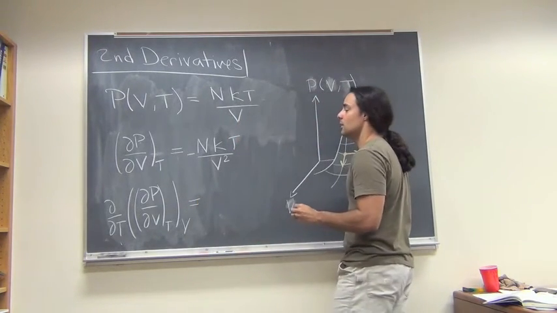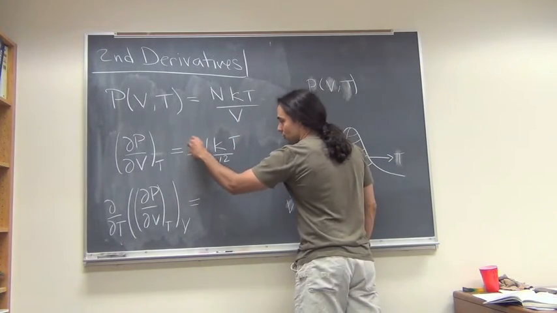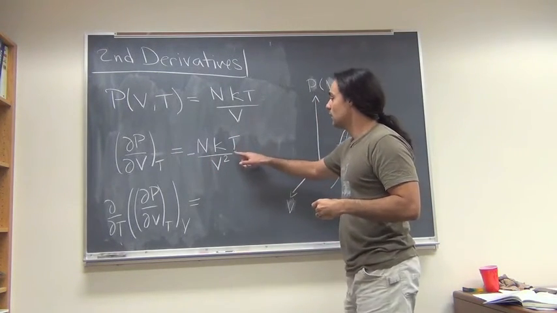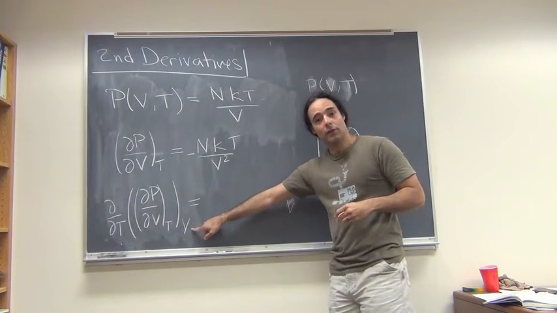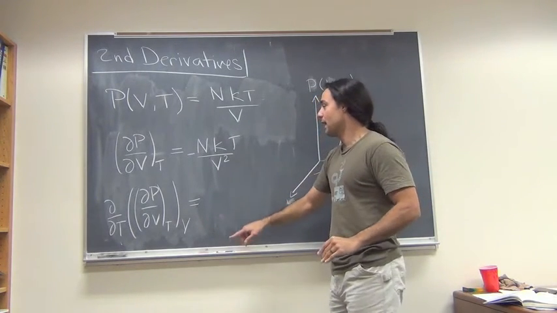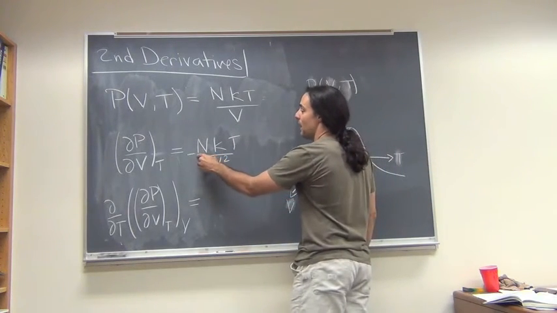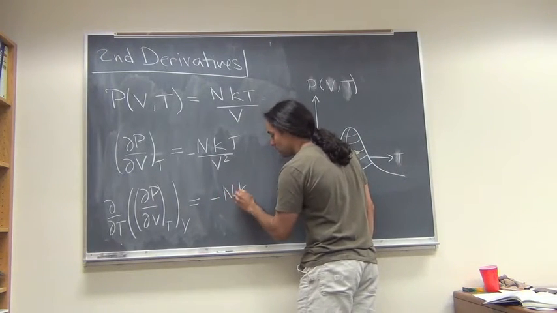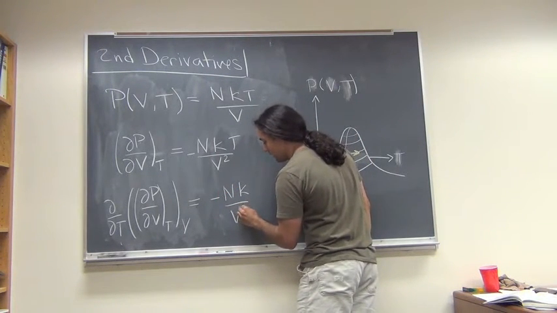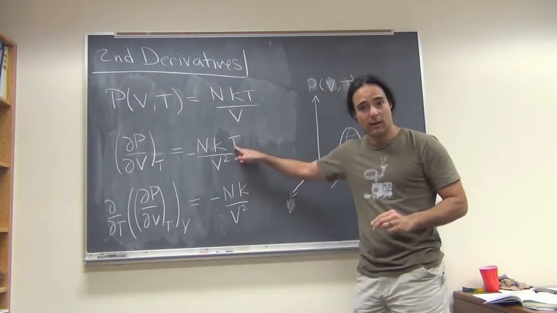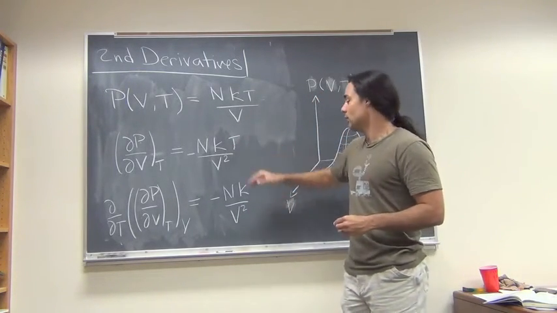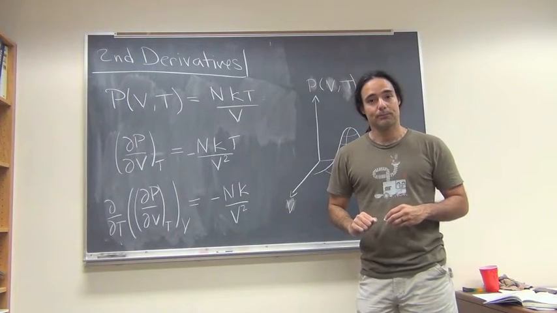And you will see, taking a derivative of this with respect to temperature, well, now I'm keeping V constant, so I don't have to worry about that. So the minus nk over V squared, those are all constants. The only thing that's not a constant is the temperature. I take a derivative with respect to that temperature. It goes away, I'm just left with this.